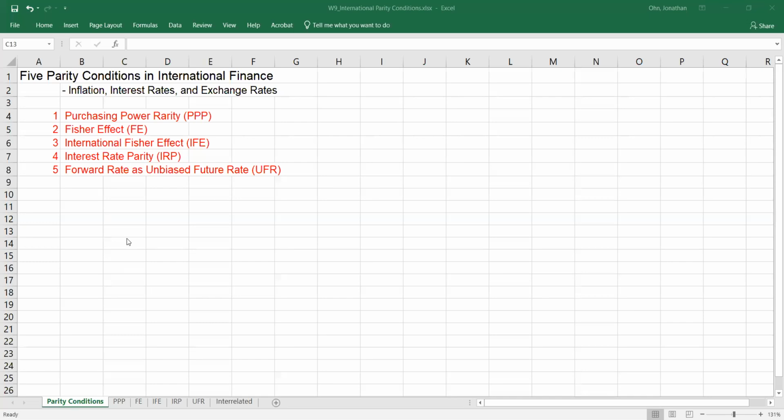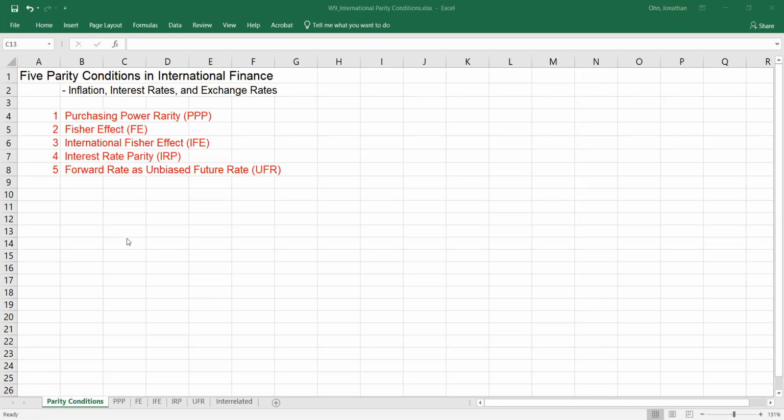Okay, Ellen, can you go over this 5 briefly? So for this, am I just reading the things in red? Yeah, that's right. For the first one, we have purchasing power parity. 2 is the Fisher effect. 3 is international Fisher effect. 4 is interest rate parity.